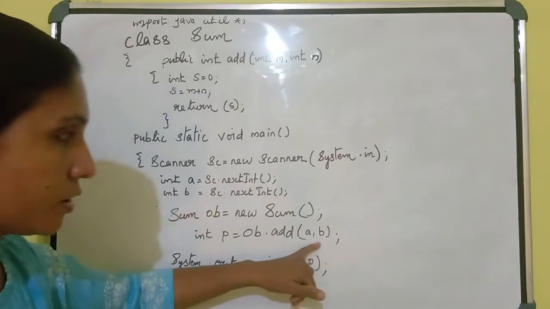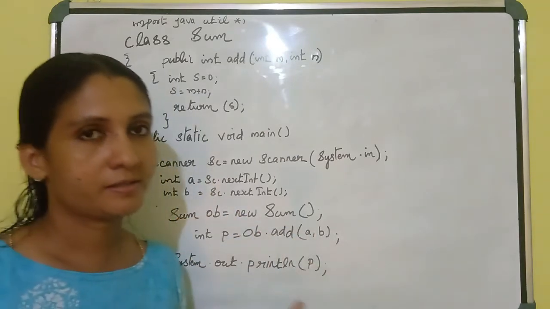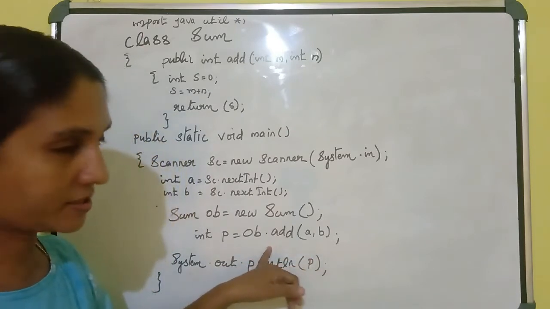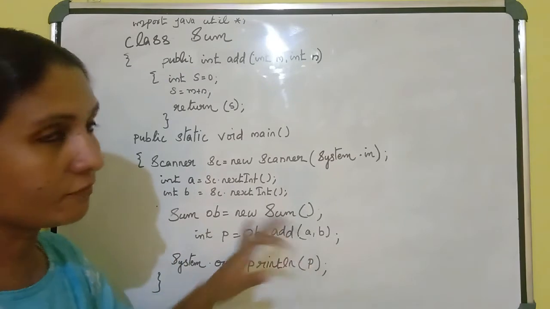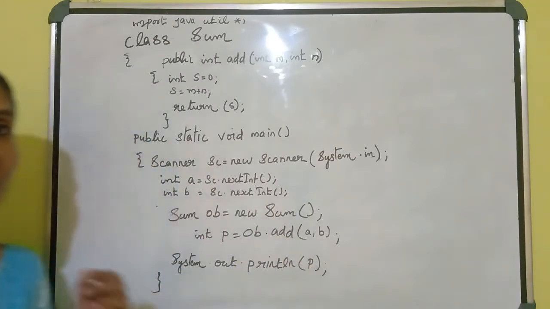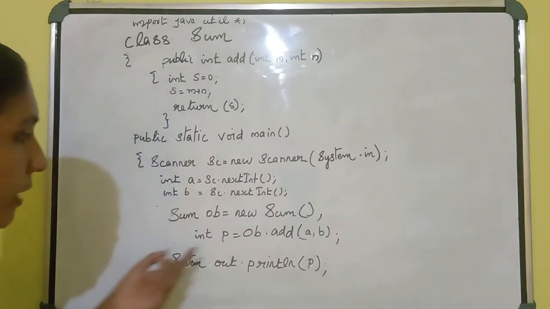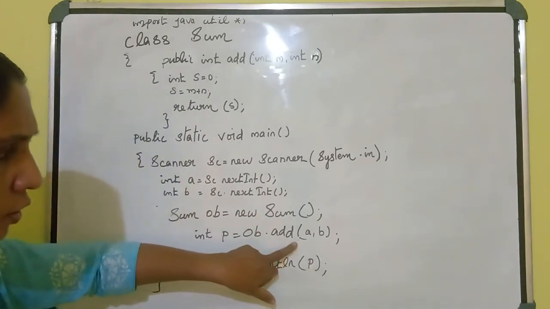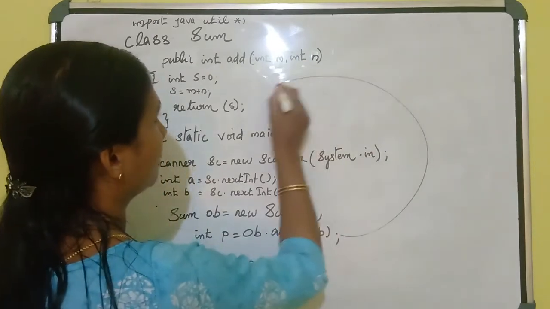Otherwise you have to first read the values and pass them, without data types. This is called the function signature. With the help of an object, we call one function. This is the way we invoke the function, or methods. And when you call this function, this value will pass to this one.